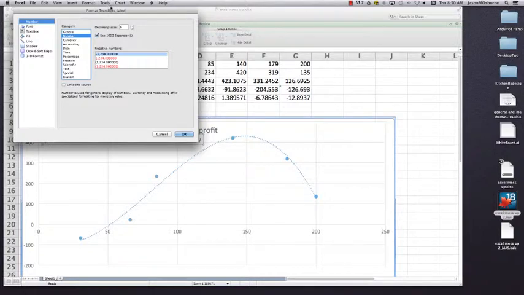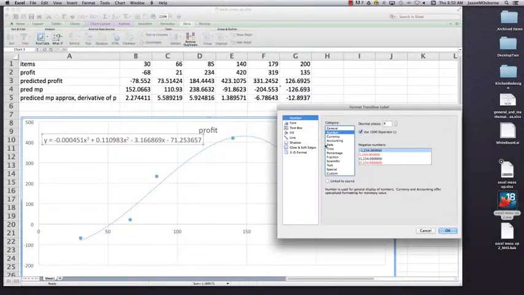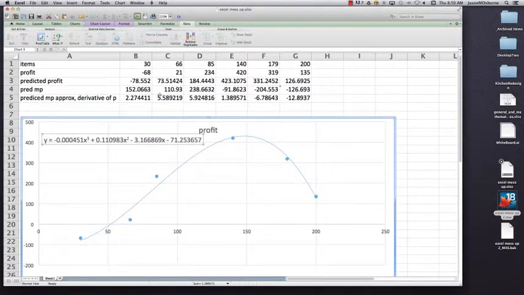If you format the trendline label, change it to number, and you can change the number of decimal places that you're seeing for what the computer is actually using for this plot. So that should resolve this problem, and we will continue to work on more of these maximum profit problems in the future.